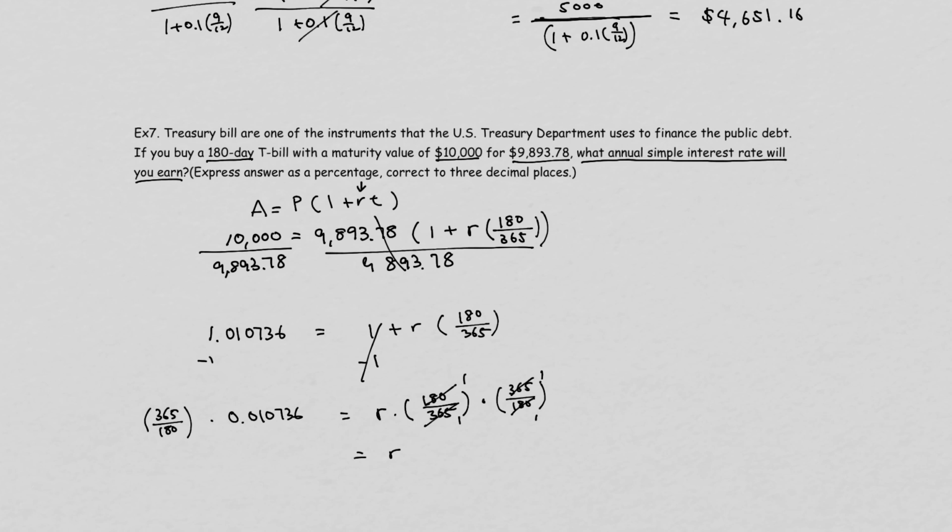When you plug those values into the calculator, you're going to get 0.021777 something. But they want your solution rounded to 3 decimal places. The digit after the third decimal place is greater than or equal to 5, so this becomes 0.022.